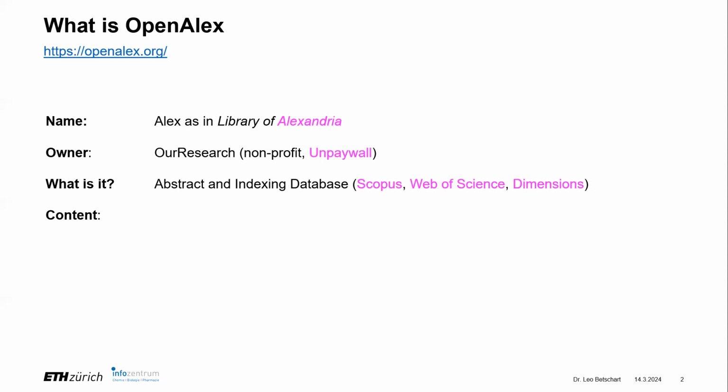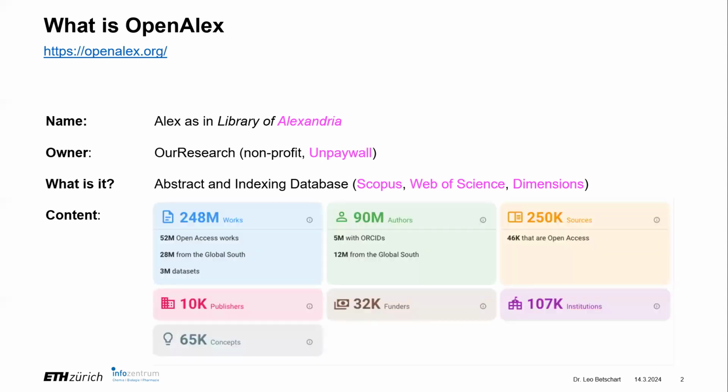And what can you find in there? So there's many documents, of course. You can find author profiles. You can look at the sources, but also publishers. There's information on the funders of research institutions, and also some automatically generated concepts.